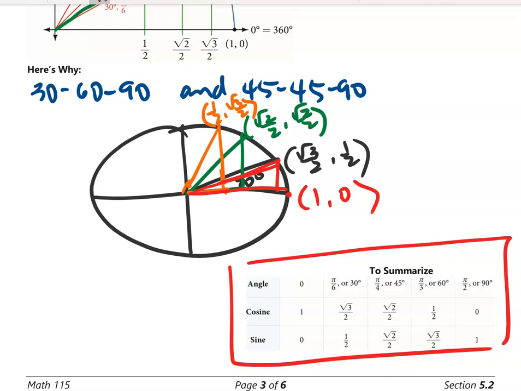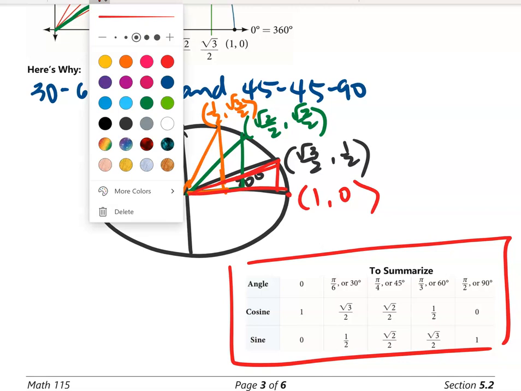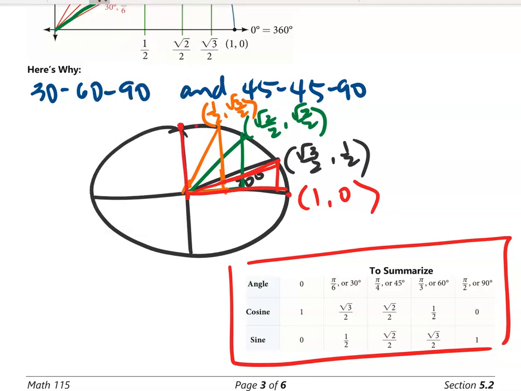At 30 degrees, cosine is the x, square root of 3 over 2, and the y is 1/2. 45 degrees or pi over 4 is square root of 2 over 2 and square root of 2 over 2, and then 60 degrees or pi over 3 is 1/2 and square root of 3 over 2, and 90 degrees, which is 0 and 1 as your cosine and sine. Okay, so it's very important to remember the first quadrant.